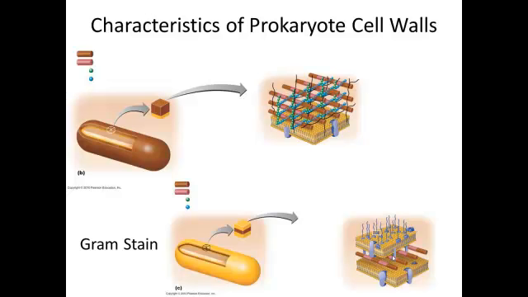Now there are also differences that I want you to remember. Gram-positives have a molecule called teichoic acid. That's part of how biochemically we recognize gram-positive cells. Gram-negative cells have a molecule embedded in that outer membrane called LPS, lipopolysaccharide.